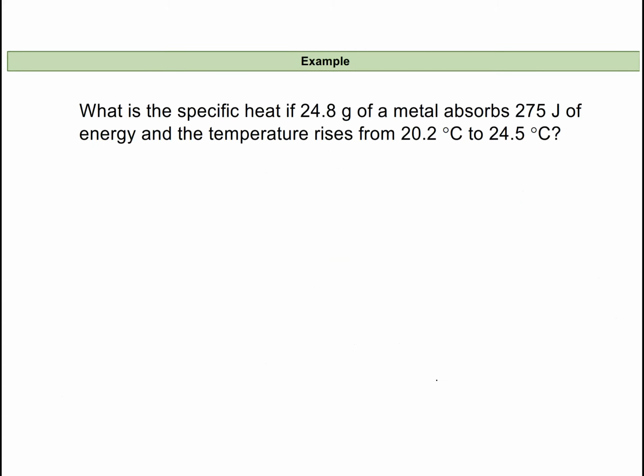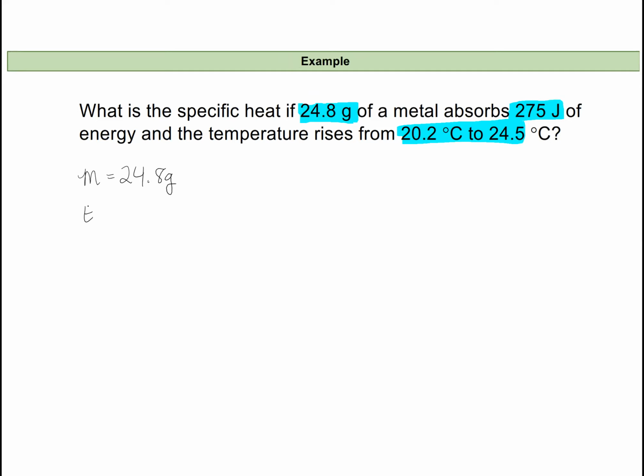So let's take an example. As I read this problem, I want to know what the specific heat is for something that is 24.8 grams. It's a metal, and it can absorb 275 joules of energy as the temperature increases by about 4.3 degrees. So my mass is equal to 24.8 grams. The larger something's mass is, the more heat it can absorb.